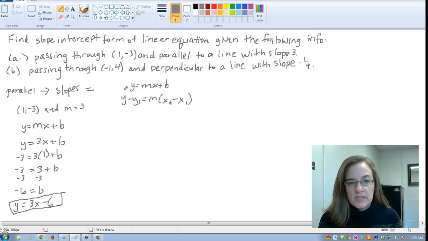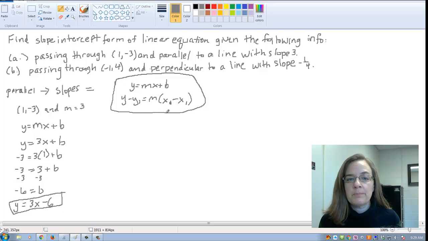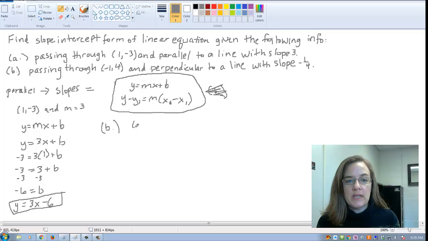Now, just to be different, on the next one I will not use the slope-intercept form, I'll use the point-slope form. Now this is part B, where we are now looking at, it's passing through the point -1, 4, and it's perpendicular to the slope that is -1/4.